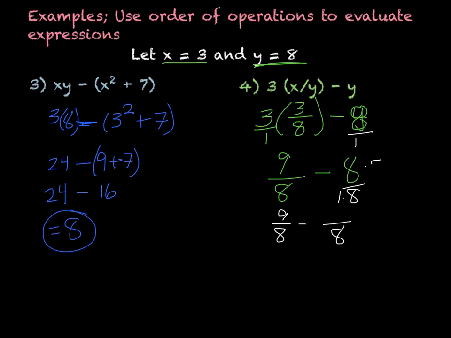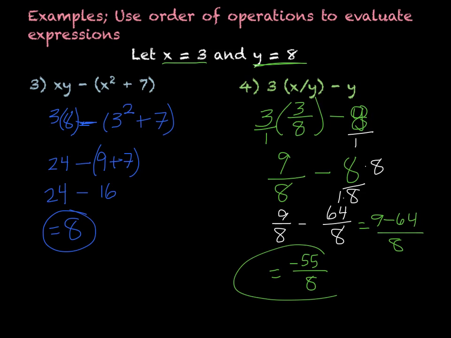So I need to multiply times 8 on the top. 8 times 8 is 64. So I'm going to take 9 minus 64. And that will give me a negative 55 over 8, because then we would just write 9 minus 64 over 8. So that is your final answer. And it should be written as a fraction.